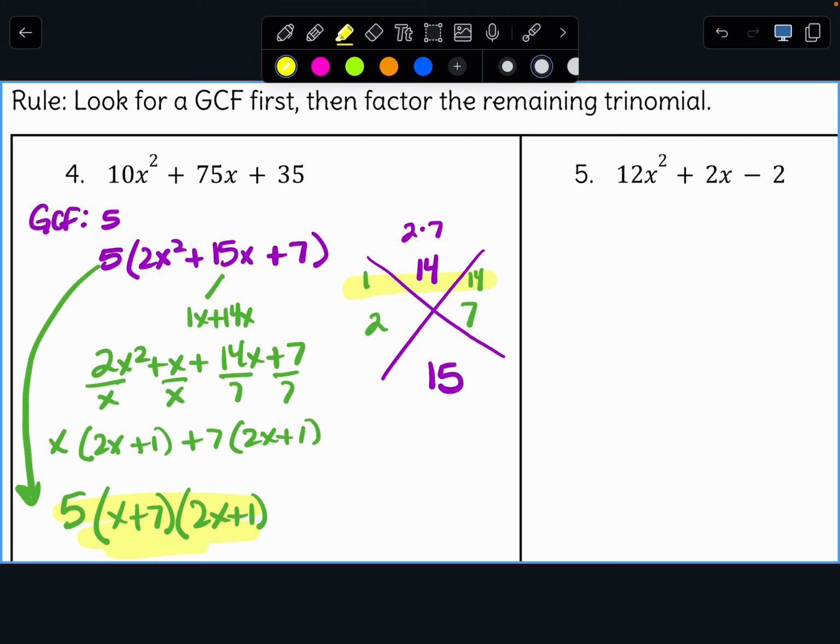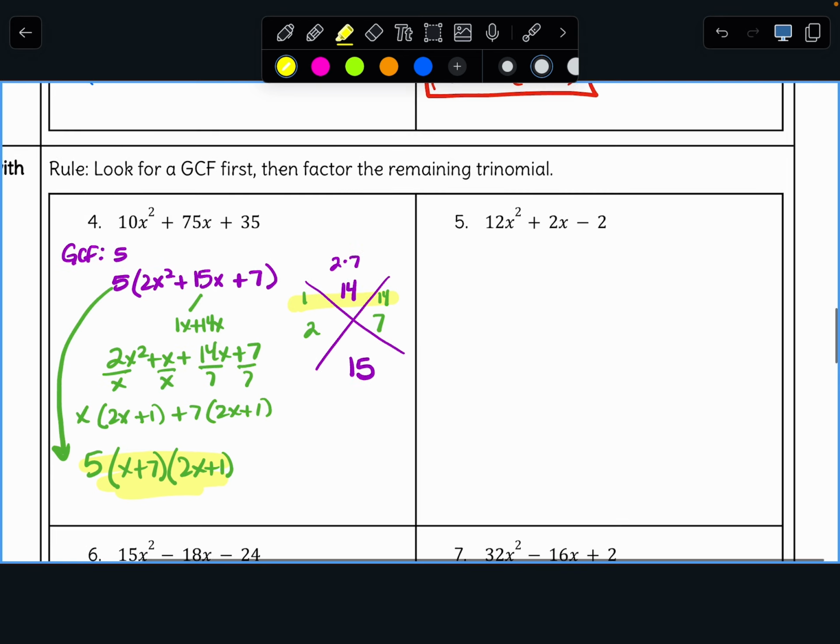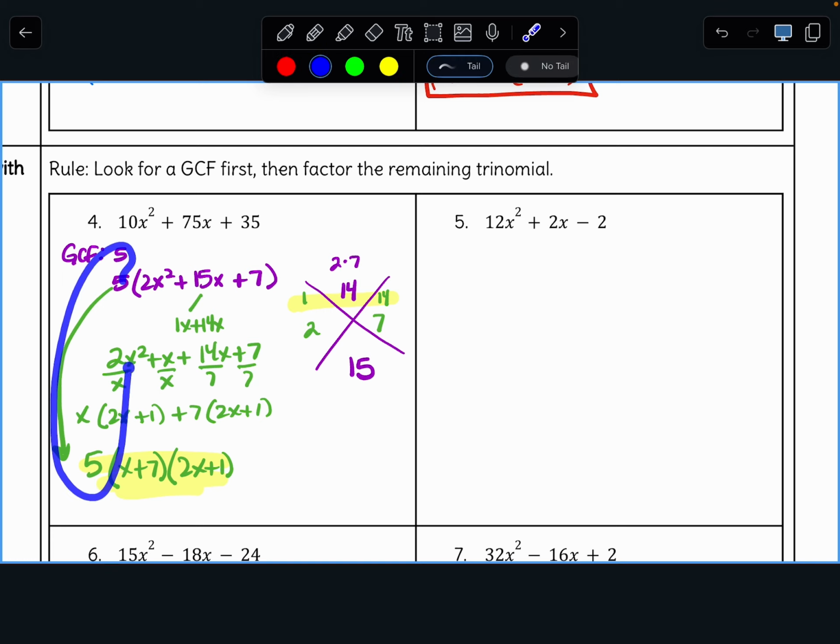And that's our final answer. So as you factor out that first GCF, make sure that you don't forget it when you get to your final answer.